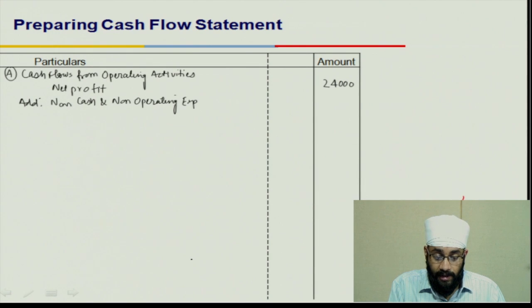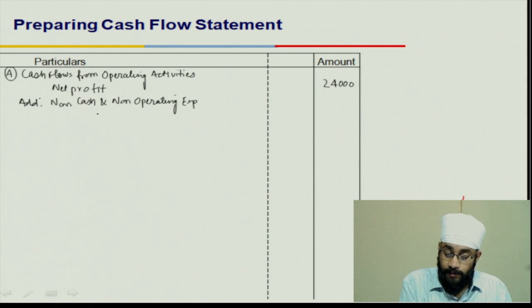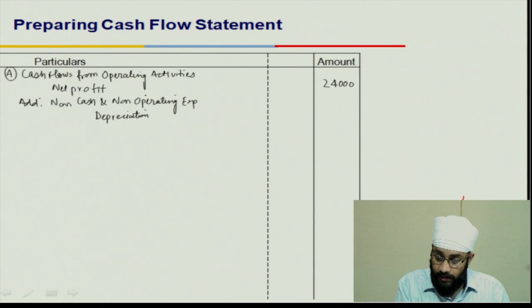So let's go back to our cash flow statement and add to it non-cash and non-operating expenses which we just found out. So we just calculated the non-cash item, which is depreciation. The figure is 140,000 here.